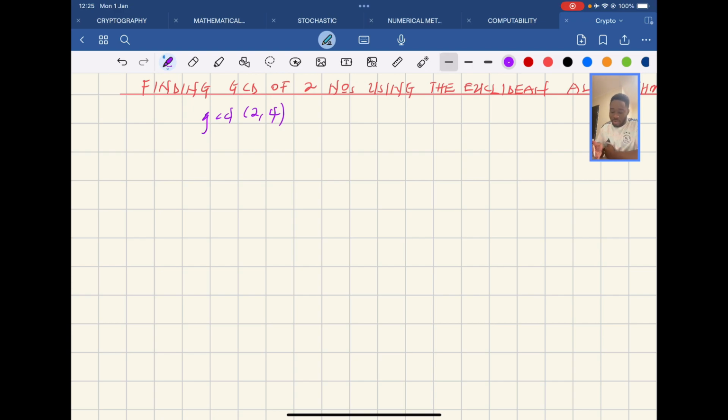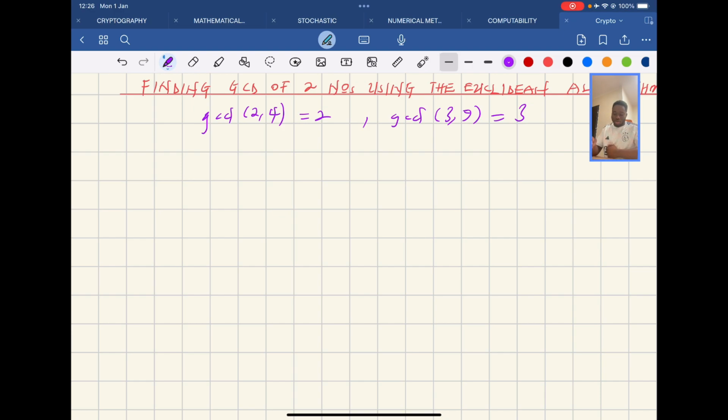Clearly you can tell from this that the GCD of 2 and 4 is 2. Find the GCD of 3 and 9. In this case you can see that the GCD of 3 and 9 is 3. But what if the numbers are very huge? What do we do then?